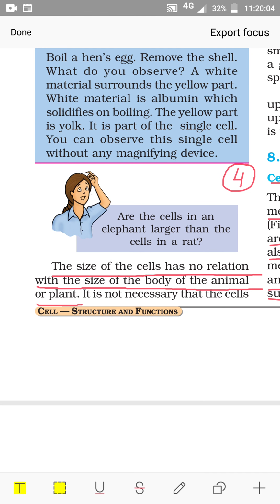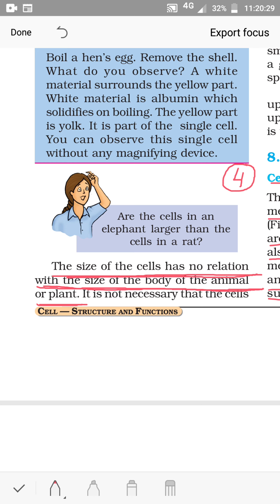Now it is very important to know that the size of the cells has no relation with the size of the body of the animal or plant. For example, a rat is a small organism in comparison to an elephant, and an elephant is smaller than a blue whale.